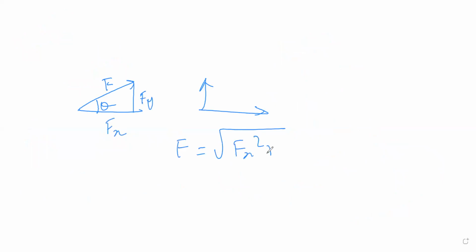Fx square plus Fy square, square root of this equal to F, and theta equal to arctan, or tan inverse, Fy over Fx. Clear? Because tan theta equal opposite by adjacent. So it should be clear now.